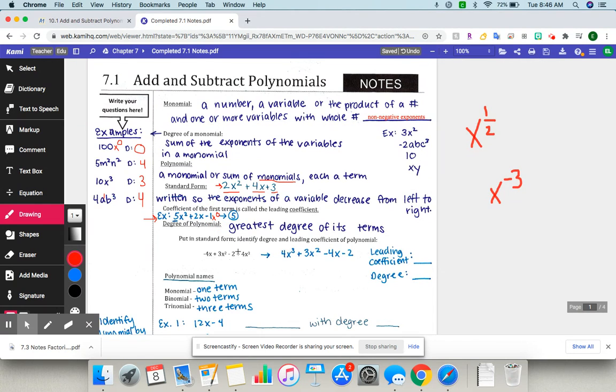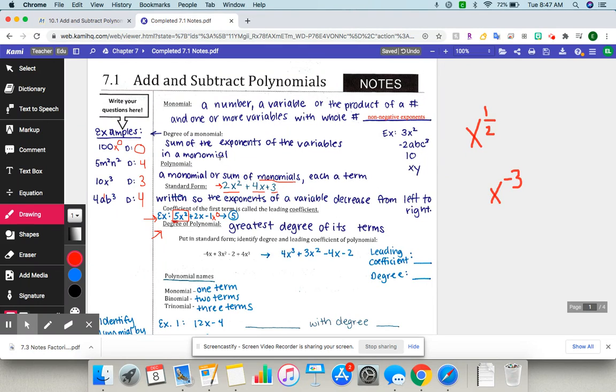Furthermore, there's something called a leading coefficient, and this is simply the coefficient or the number in front of the variable of the first term. And the first term would be the term with the highest exponent. So the leading coefficient in this example is the number 5. Now we can identify the degree of a polynomial by recognizing the greatest degree of its terms.